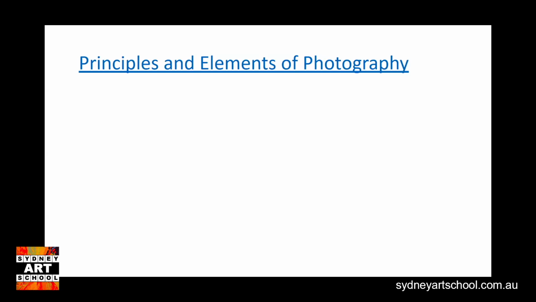So if you know any of the principles and elements of design, then you probably know most of the principles and elements of photography. There are a couple of extra ones though that are more specific to just photography as well. But can anyone give me any of the principles and elements of design if you know them?